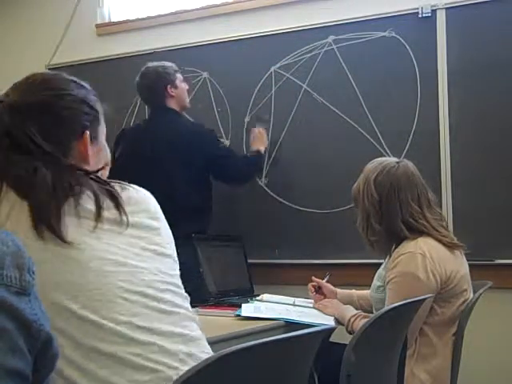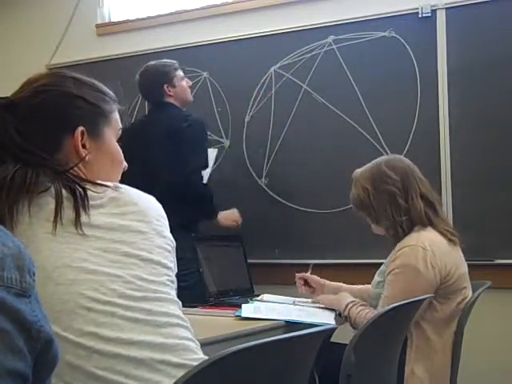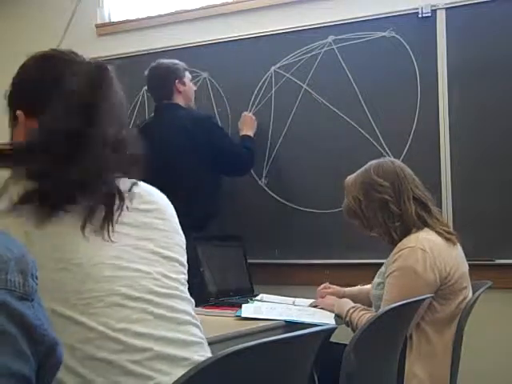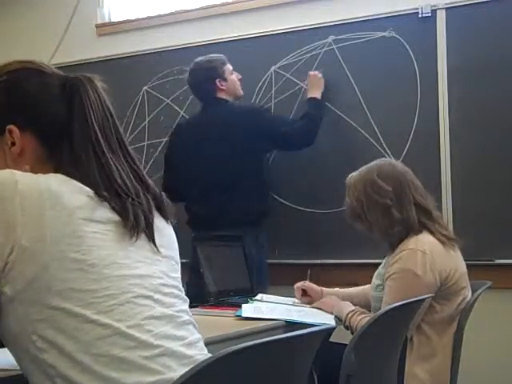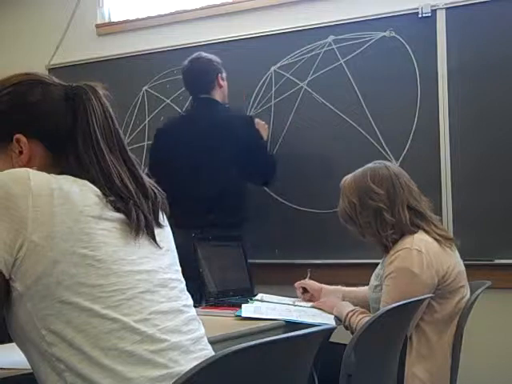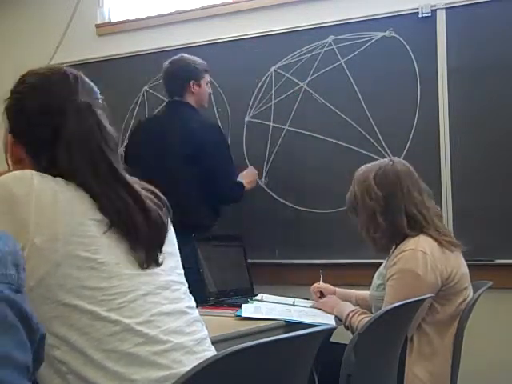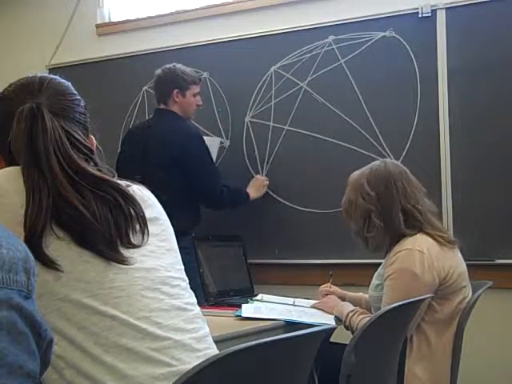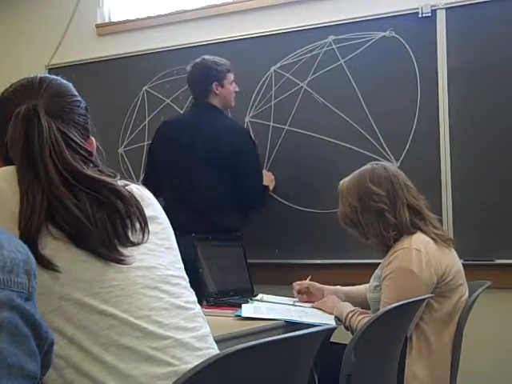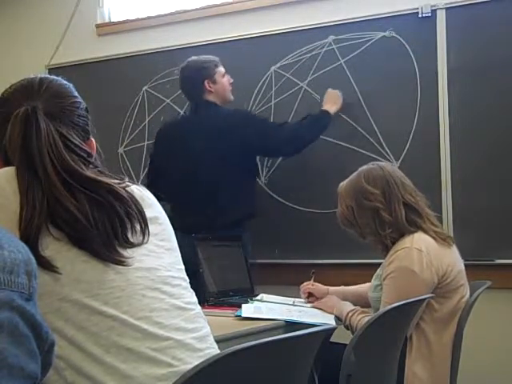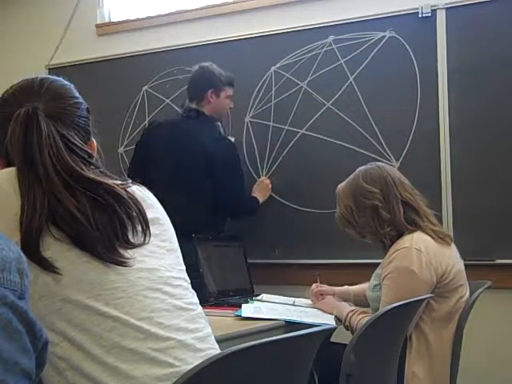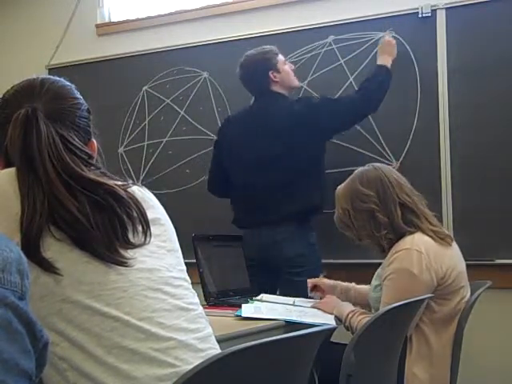Right, but I interpreted it as no line could have more than one, because in the diagram, each line only goes through once. So each line only has one intersection in the circle, and that's why I was a little confused with this. So if you have a different interpretation of the problem, you might end up with a different answer that's correct according to your interpretation.